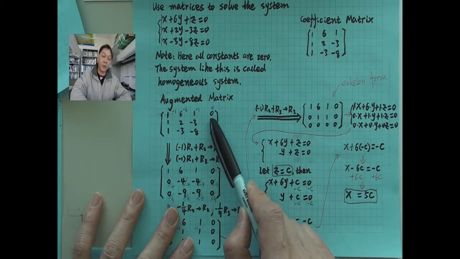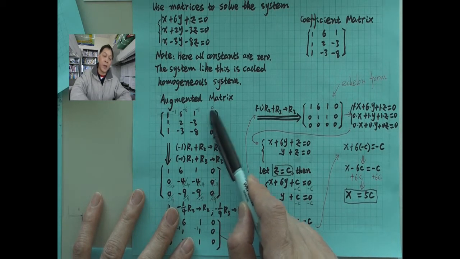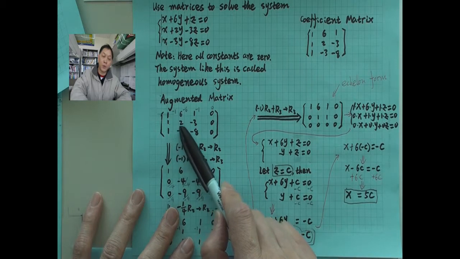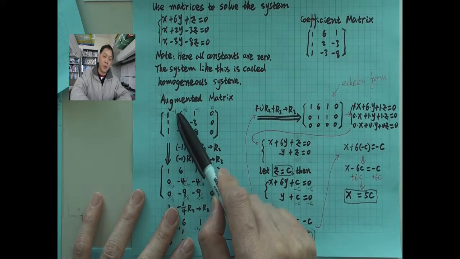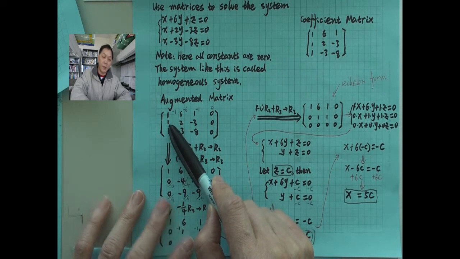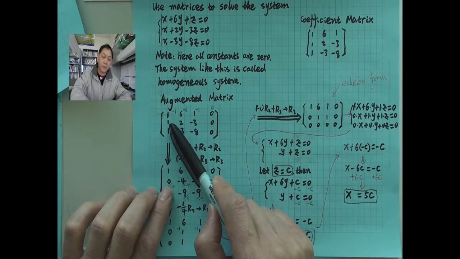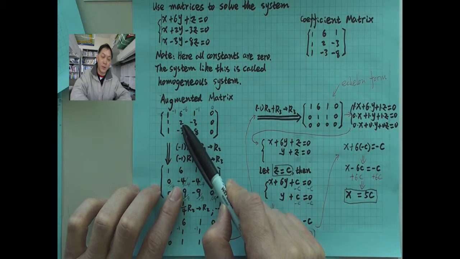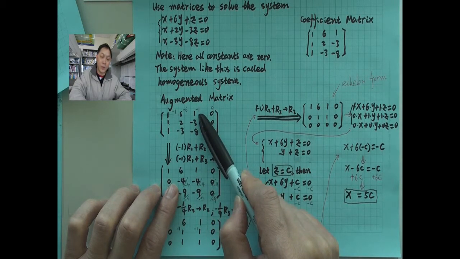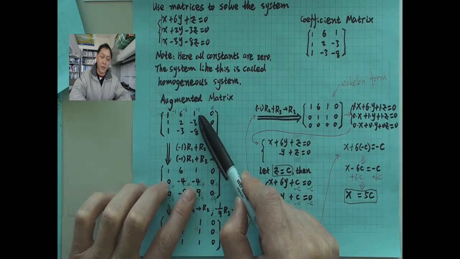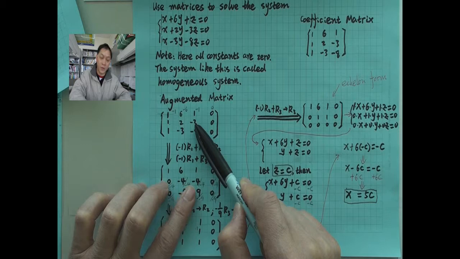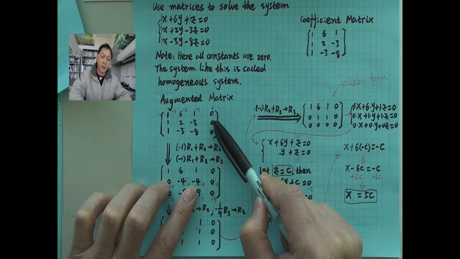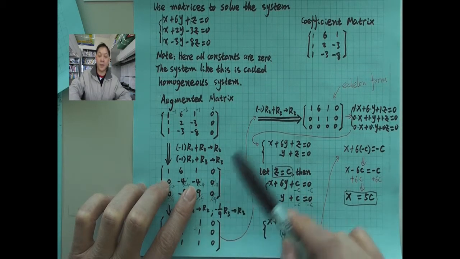Then we add onto row 2. Negative 1 plus 1 is 0 here. Negative 6 plus 2 is negative 4. Negative 1 plus negative 3 is negative 4. And 0 plus 0 is 0.